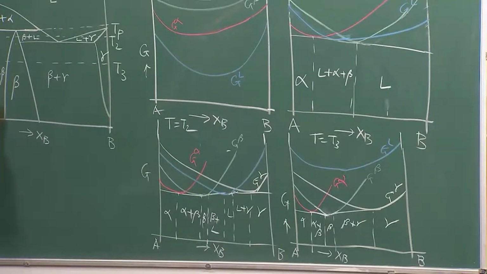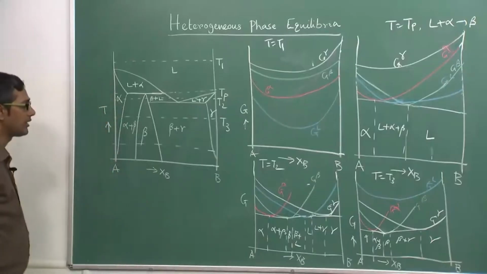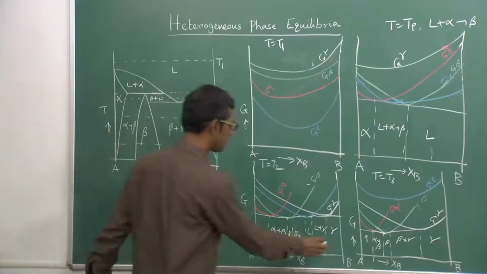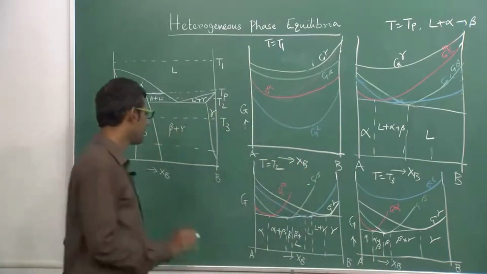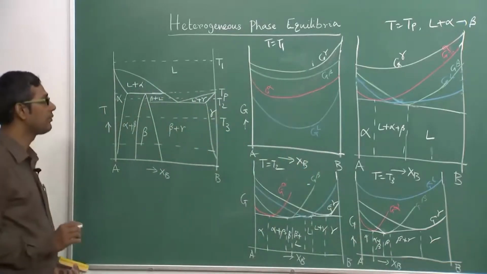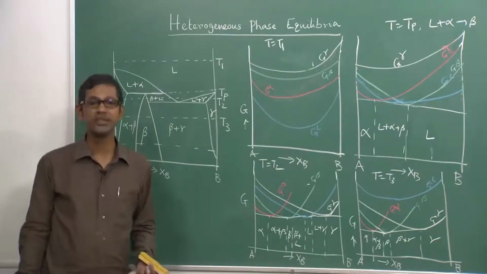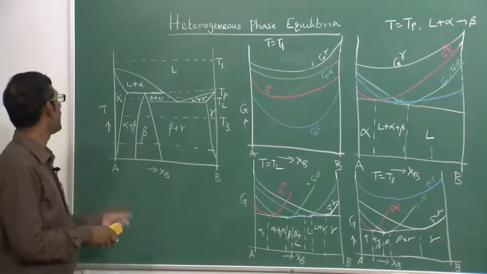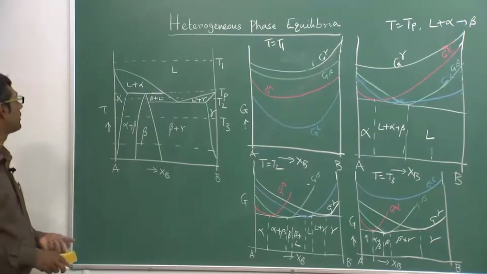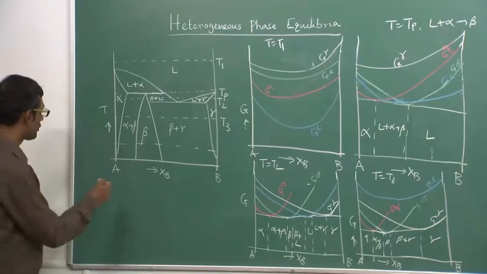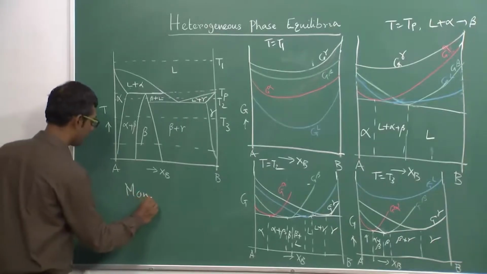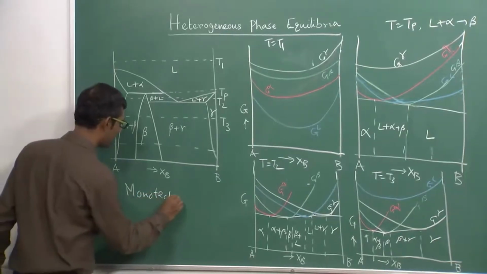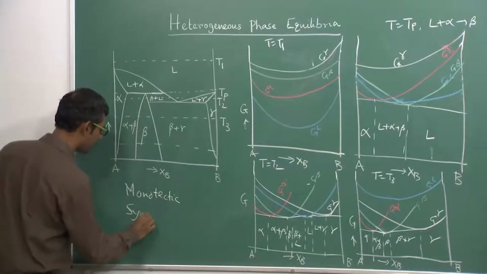And for any further temperature decrease, nothing is going to change. Only the stability range of compositions are going to be changing. So please practice yourselves, then only it will be clear to you. Otherwise, it is going to create more trouble. So we are not going further into the complex phase diagrams. You can also try monotectic and syntectic phase diagrams.